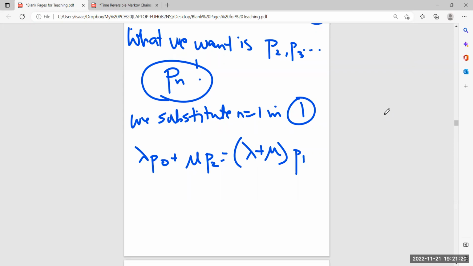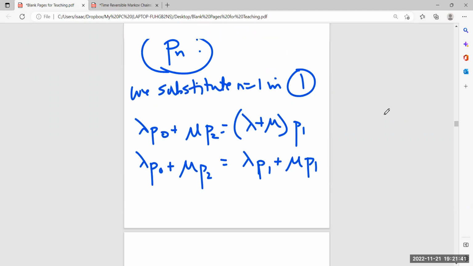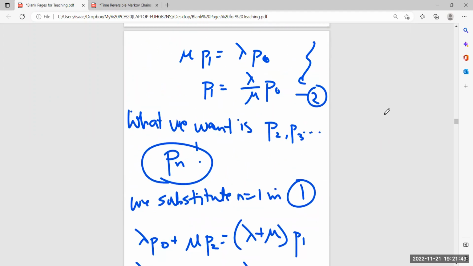And I could remove this, and after that, what I can do is replace. I already found that P1 is equal to lambda over mu P0.